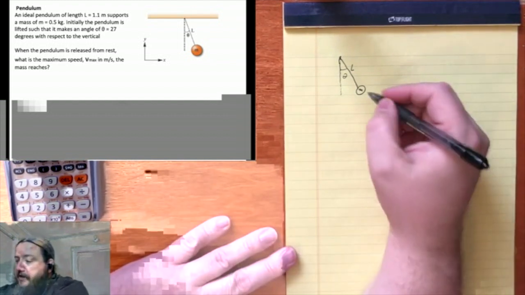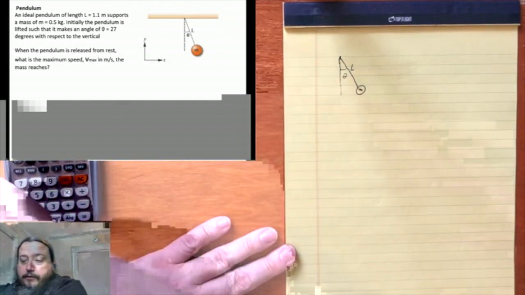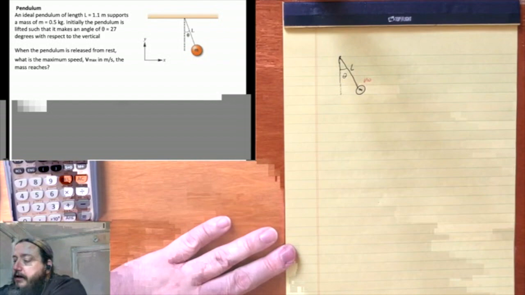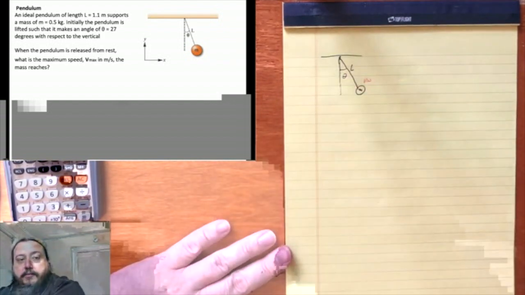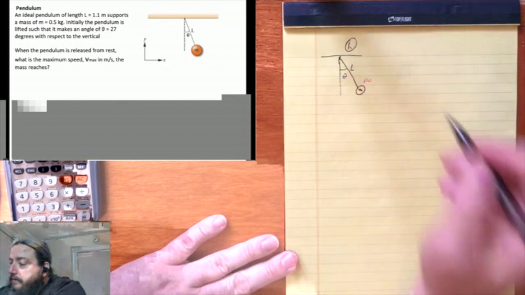And it has a mass m. There's no motion, so velocity equals 0 at this point. And we're just suspended from the ceiling there. Okay, this is our moment 1.